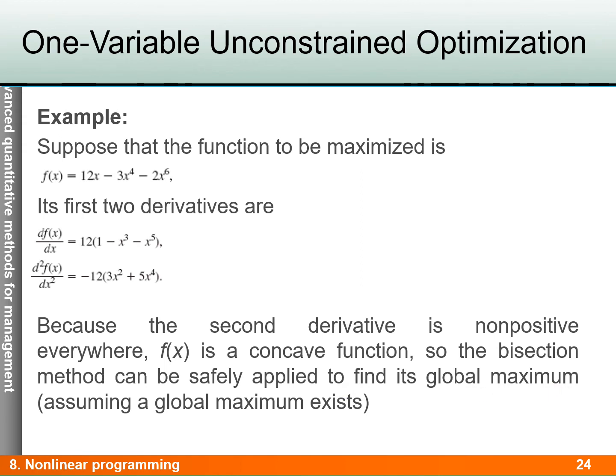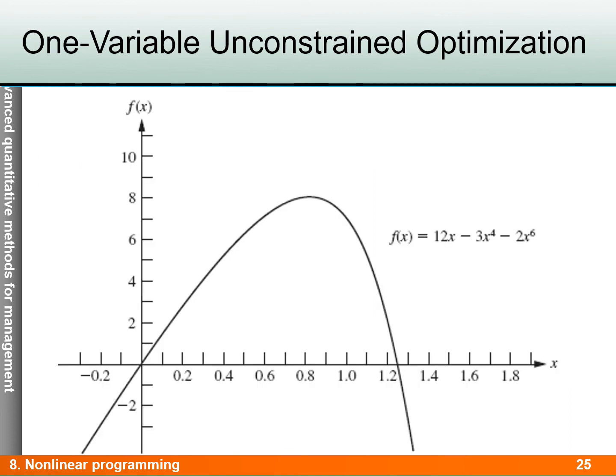Okay, global maximum, why? Because it's concave. Now let's find our upper bound and lower bound to start our solution. As you see here, this is the graphical illustration of this example, f(x) equal to 12x minus 3x^4 minus 2x^6.